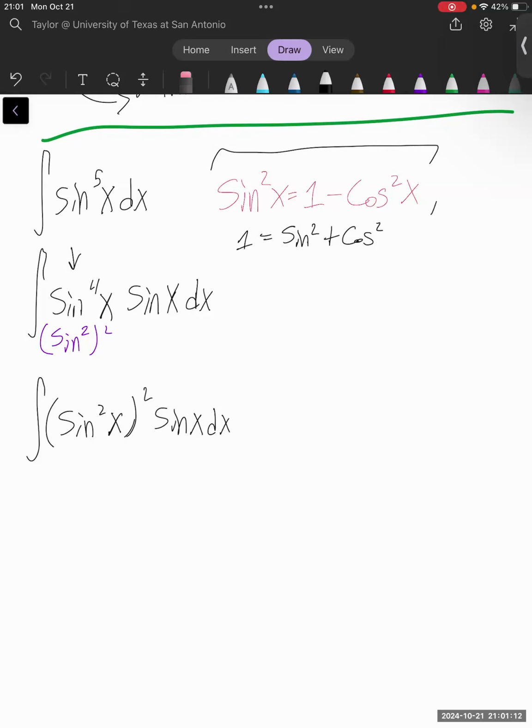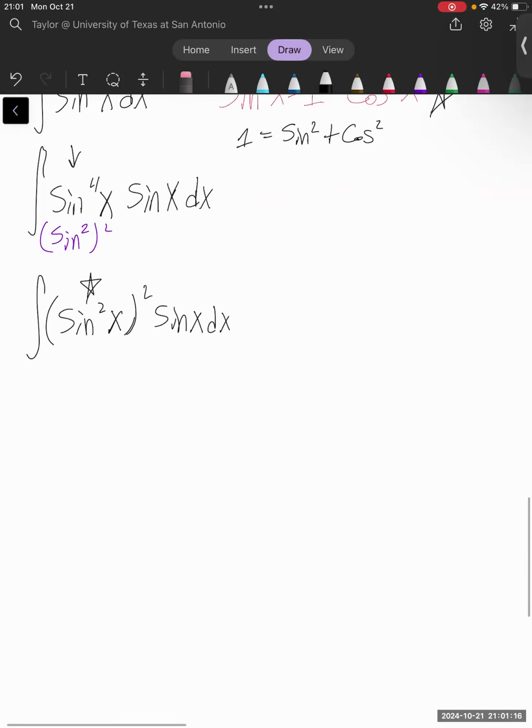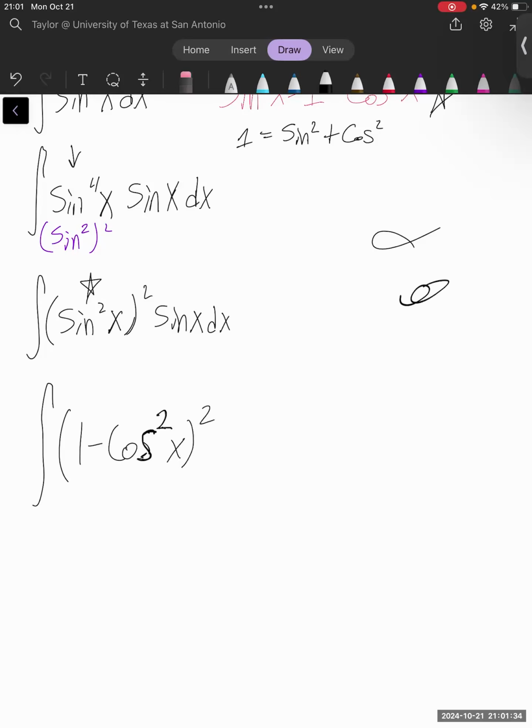And then using my identity here, I'm going to substitute the parentheses, giving me 1 minus cosine squared x squared times sine of x dx.